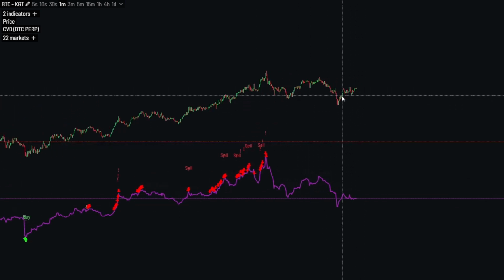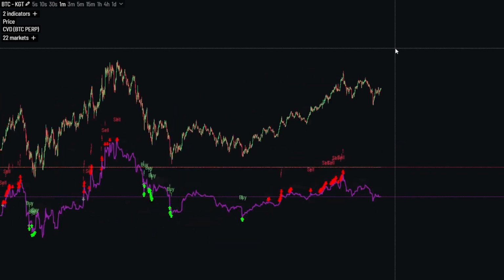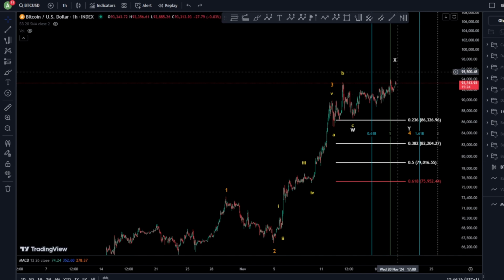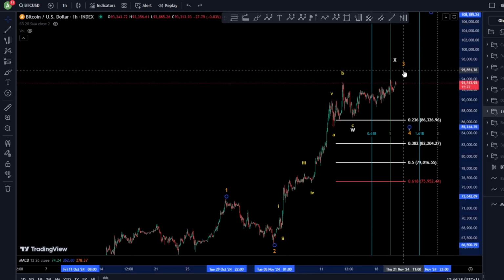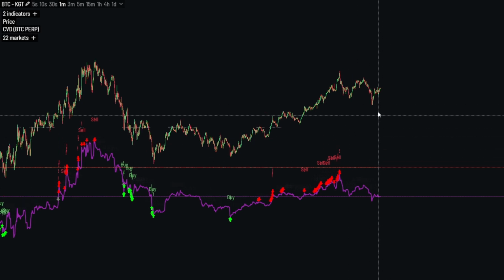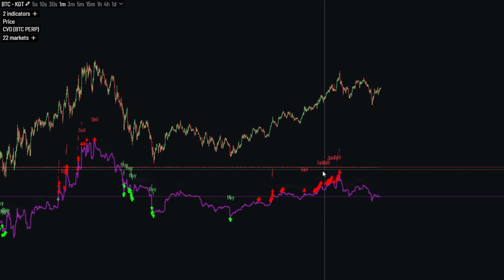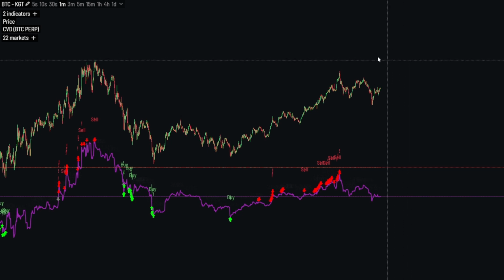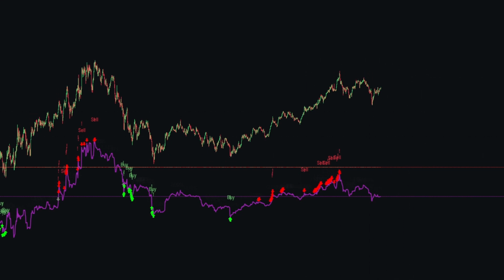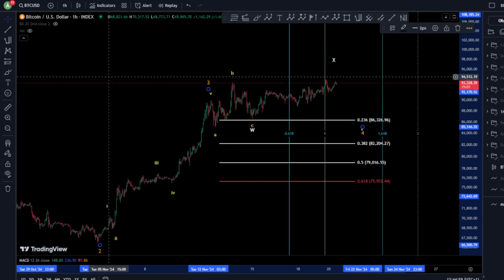In case that it takes the high one more time, we might of course then see the scenario where we top for a wave 3 here as a diagonal. And I'm saying that if we take the high, because once we take the high, the selling pressure is gonna get back even much stronger, and we might drop down of course again towards the downside. So yeah, be careful with it.